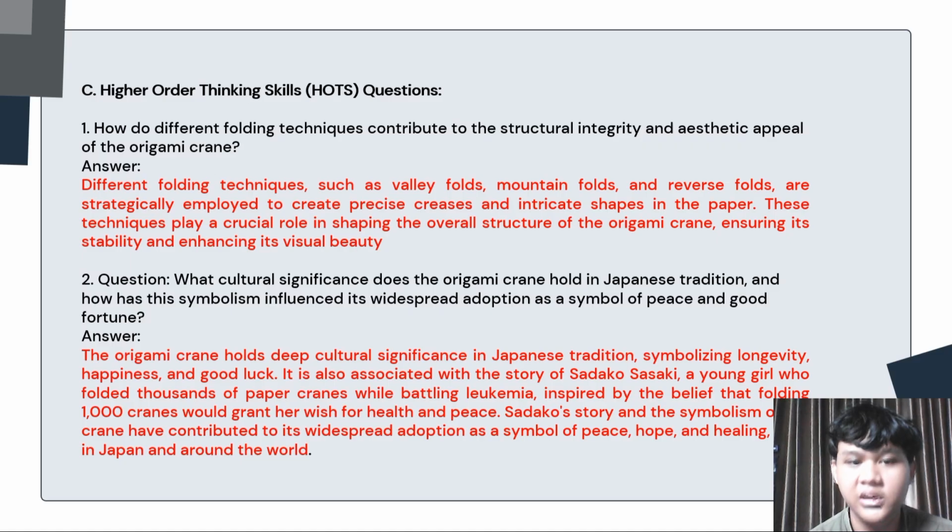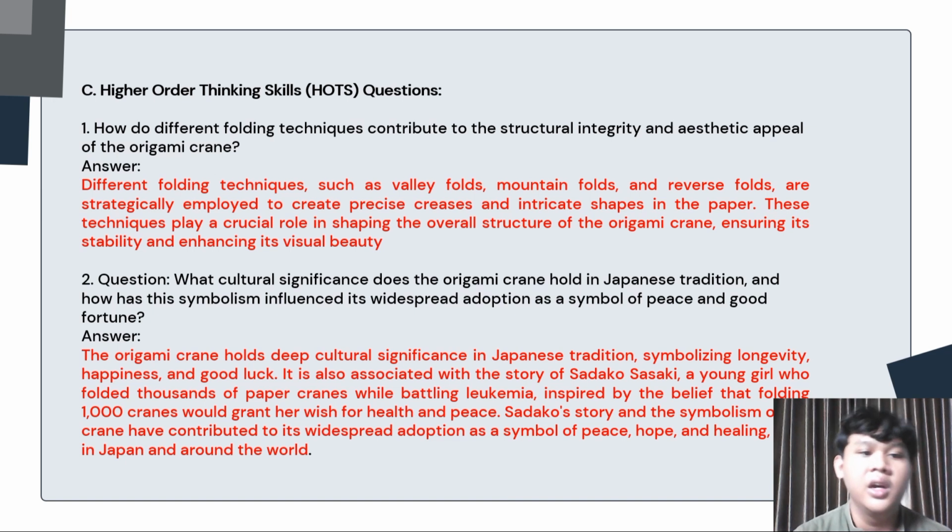Next is higher order thinking skills, HOTS questions. The question number 1 is, how do different folding techniques contribute to the structural integrity and aesthetic appeal of the origami crane?